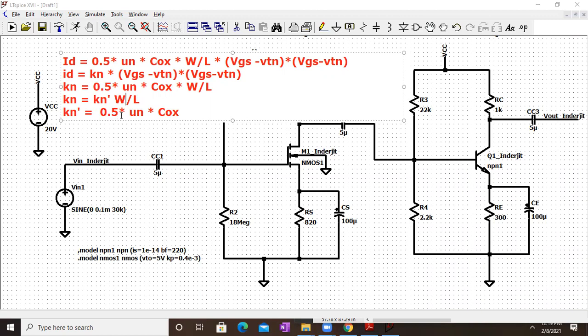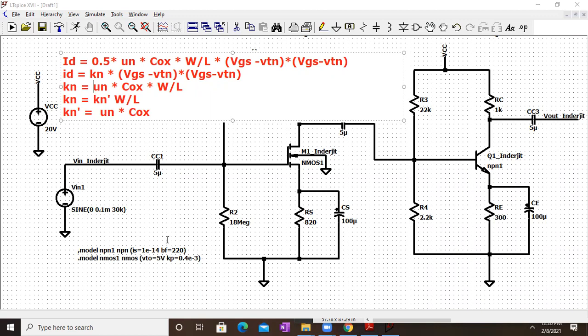So over here, this half mu n Cox, you have this half term also outside, correct? So this half has to be compensated somehow. So basically this is mu n into Cox, and here it will be 0.5, I think. Yeah, we have to look out for this 0.5 term also. So here it is, let's say this mu n Cox W by L, and Kn will be Kn dash into W by L, where Kn dash is mu n into Cox.